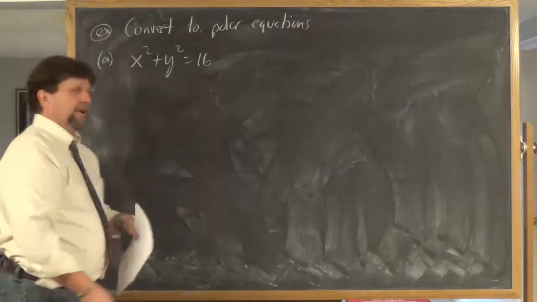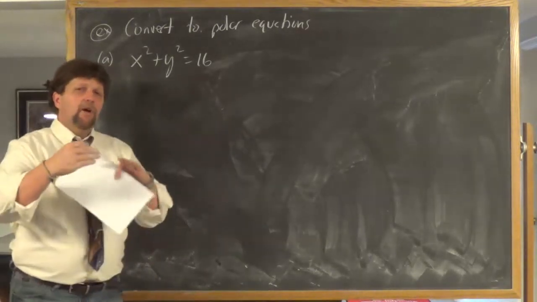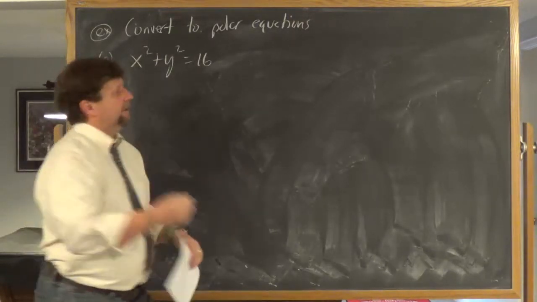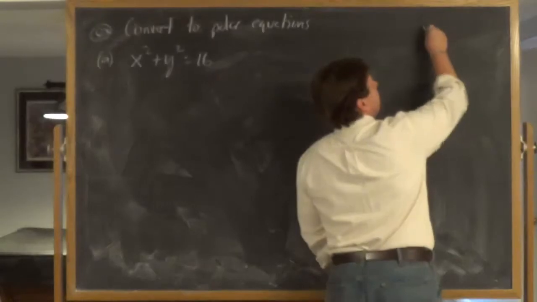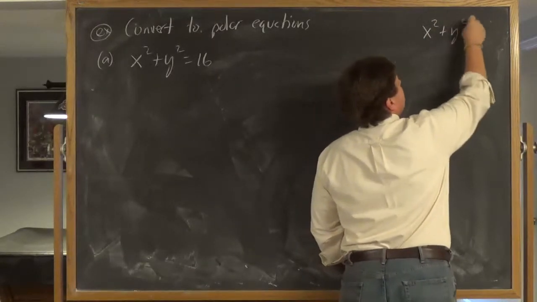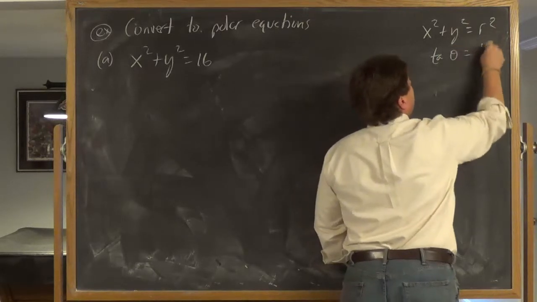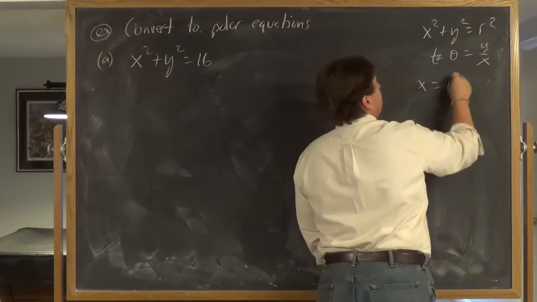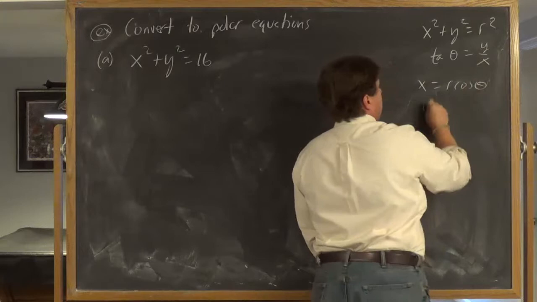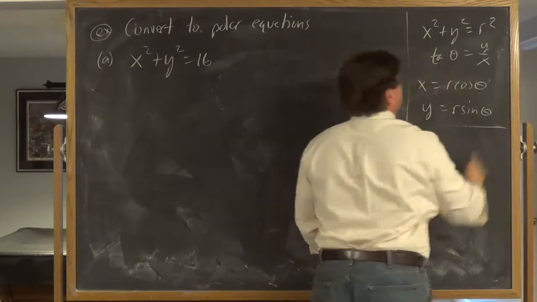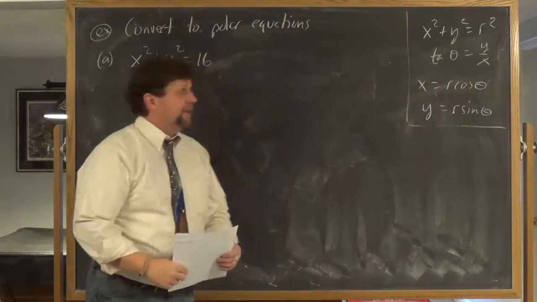This one's pretty straightforward because we know x squared plus y squared equals r squared. Let me just write those conversions over here real quick. Those are the 4 conversion formulas you need to know.